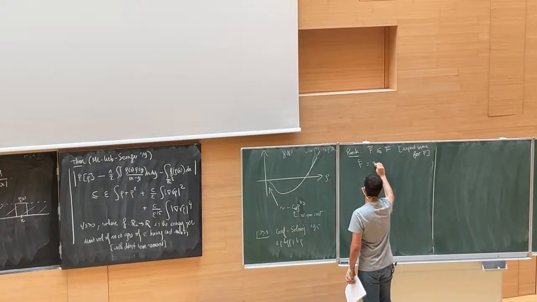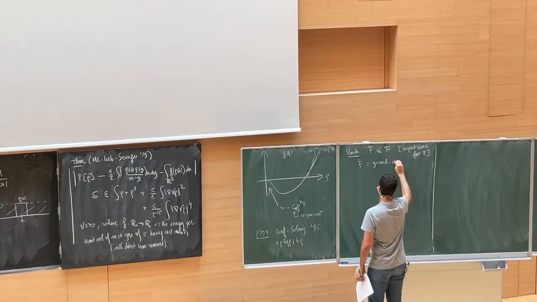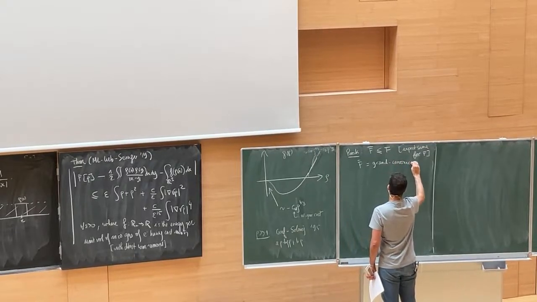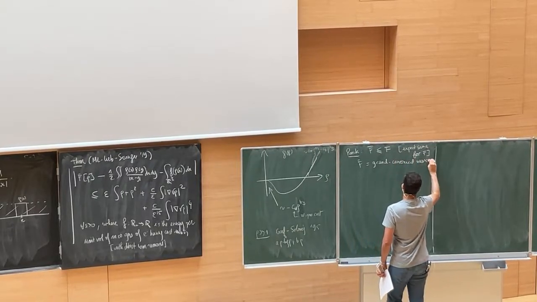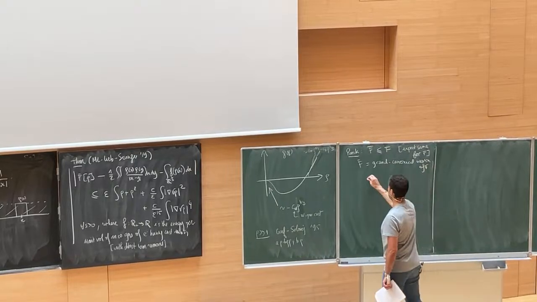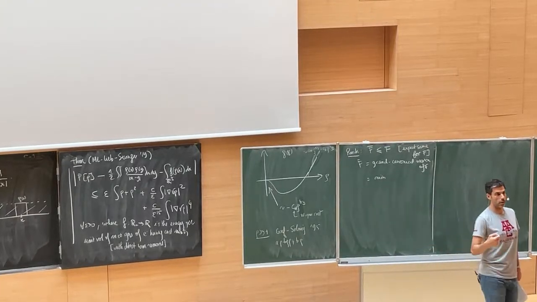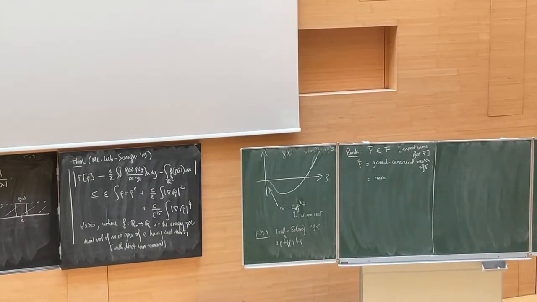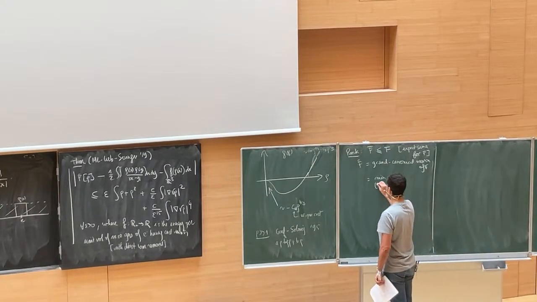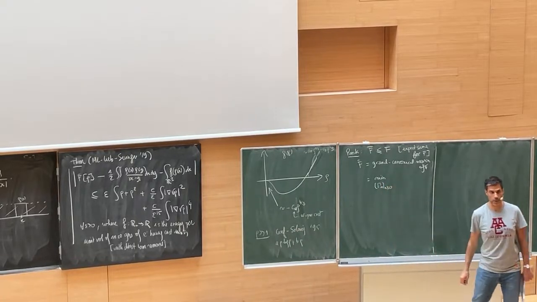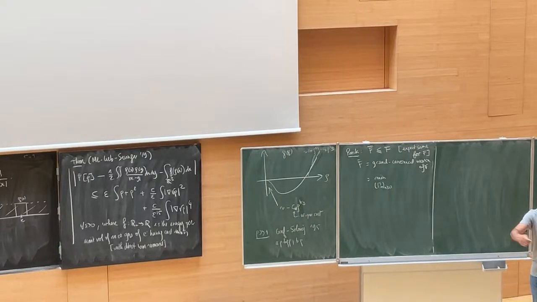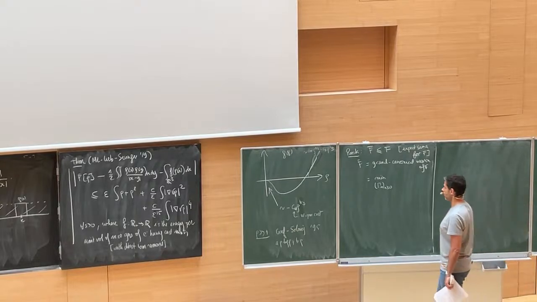So F bar is the grand canonical version of F. It's defined as the minimum, but instead of taking one big gamma, you take a family of gamma n of any number of particles. Okay, so you take a family gamma little n, an infinite family of operators, of mixed states, each of them living in the n particle sector.